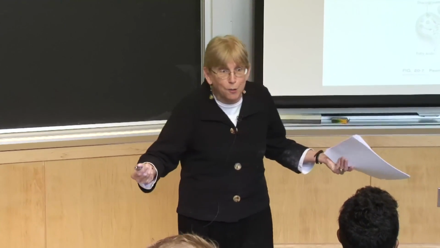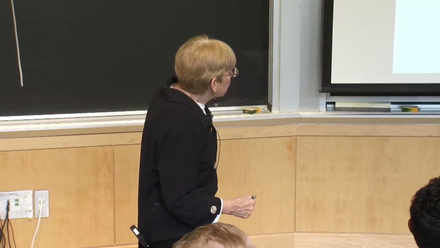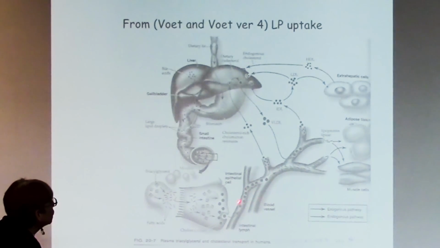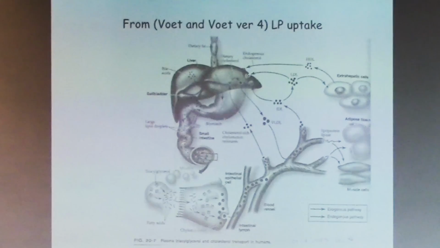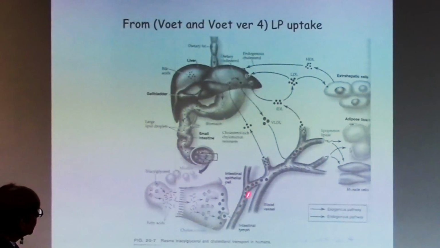You know how that happens? I don't really know very much about it. Maybe somebody does. So anyhow, it gets packaged into these little particles, and then it goes into the intestinal lymph, which then goes into the bloodstream, and then it needs to start circulating. So everything from the diet comes from these chylomicron particles.